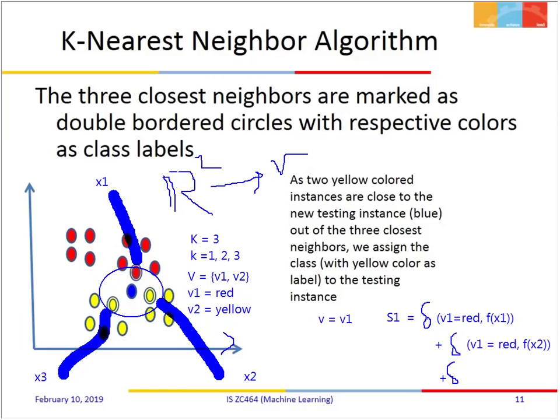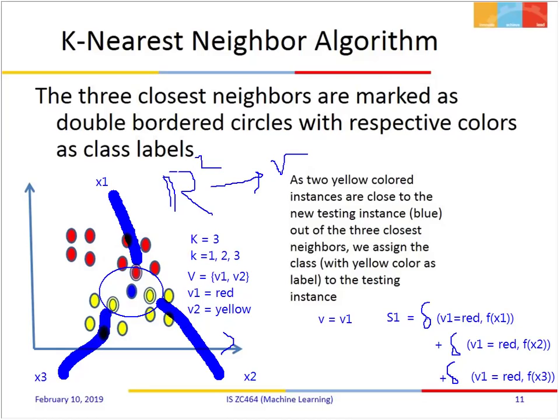Then the third term in this sum is V1 equals red and f of x3. I'm only trying to find out this entire sum for V equals V1, right? So what is f of x1? It is red. You know this, right?